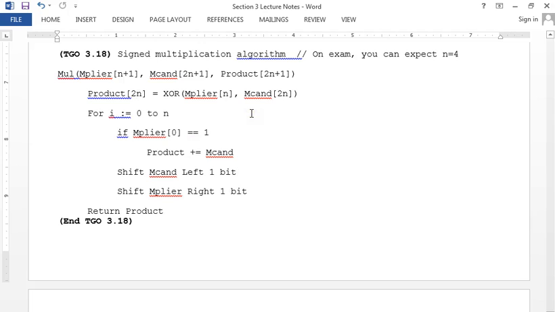So let's say n is equal to 4. How big is my array going to be? 9, right? And I say product of 2n. So what does that value equal? 8. So it's p of 8. What does that mean, p of 8?